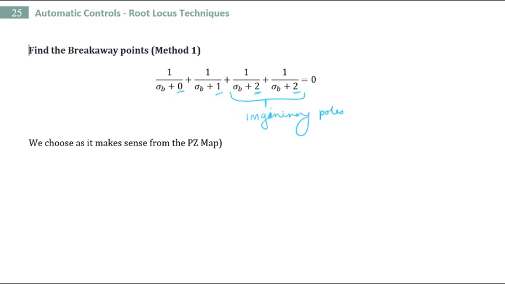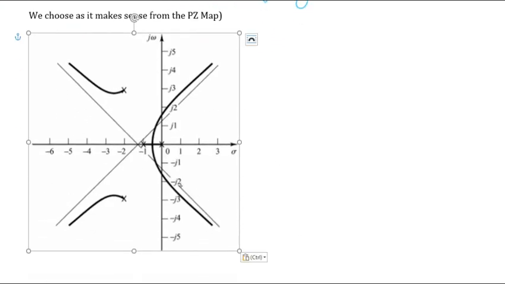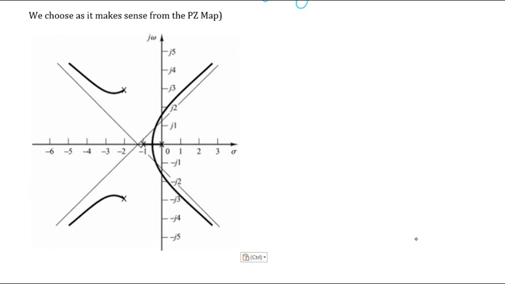And it turns out that the breakaway point is going to be right at -0.5, and here is our nice graph of this. And you can see that's sigma b, or sigma b breakaway.